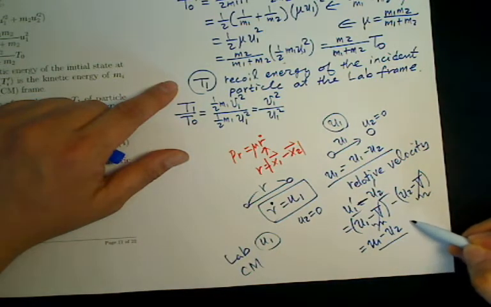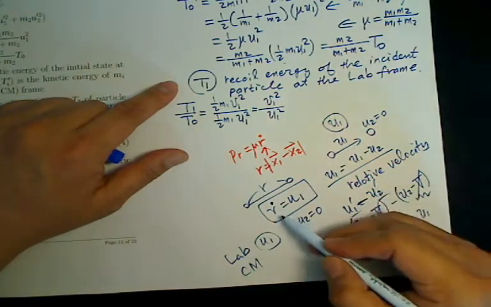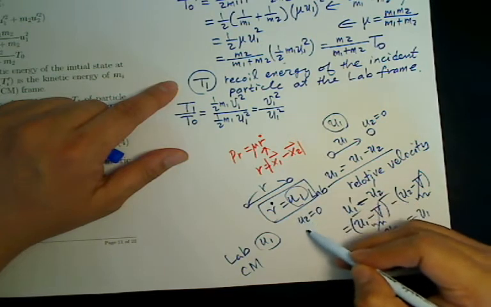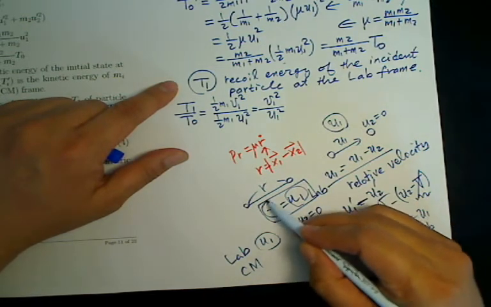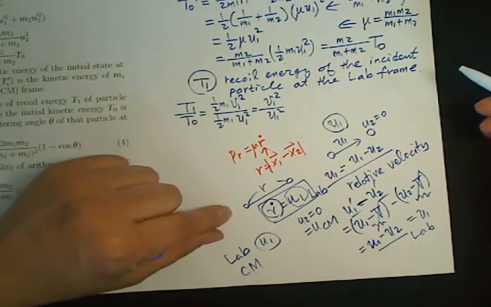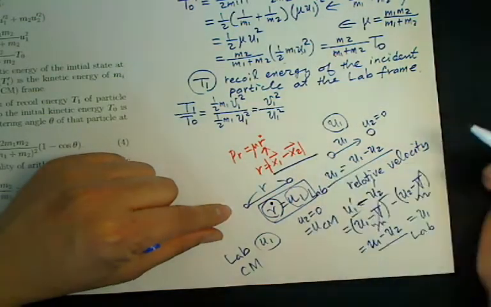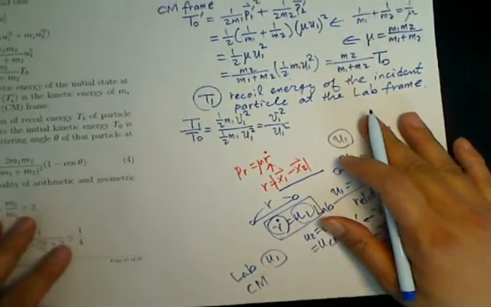So U1 minus U2 is U1 in the lab frame. So the relative velocity at the lab frame is the relative velocity at the CM frame, and that is the time derivative of the relative coordinate, right? The relative coordinate is the magnitude of x1 minus x2. That is very, very important.